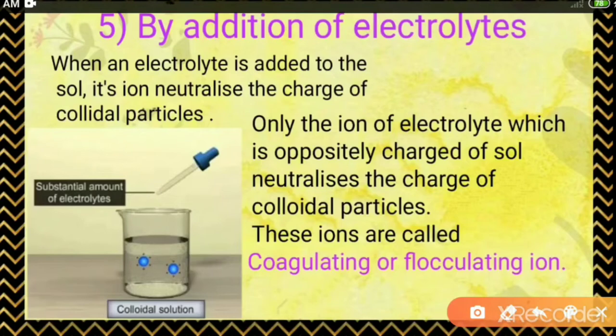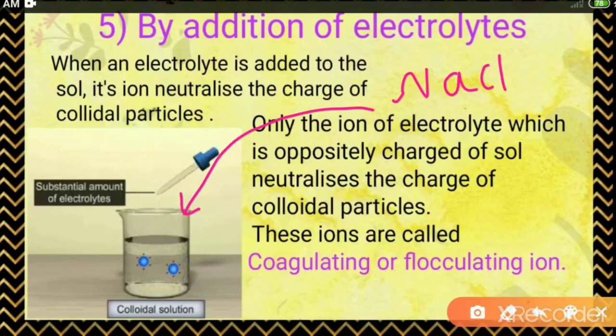For example, if I add the electrolyte NaCl to a colloidal solution, what happens? Let this colloidal solution be positively charged. The oppositely charged ion from the sol, that means if the sol is positive, the negative ion, Cl-, will neutralize the positive charge.